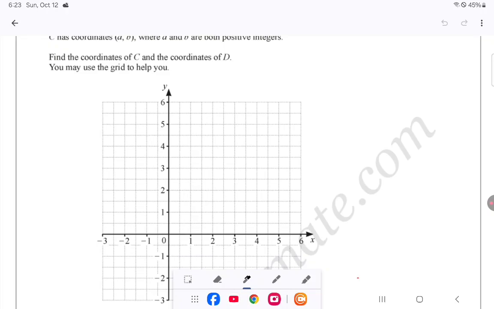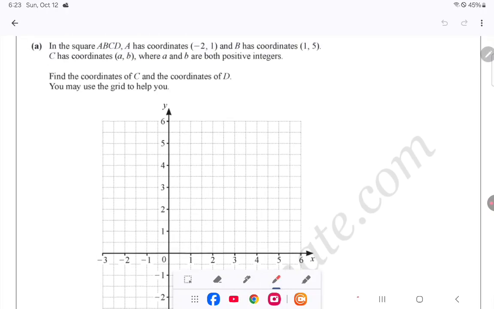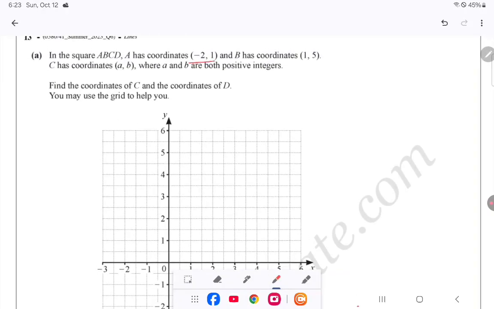First calculate where the point A lies and where the point B lies, which is given. For A, -2, 1, A is here. For B, 1, 5, this is our 1 and this is our 5. This is our B, which is 1, 5.